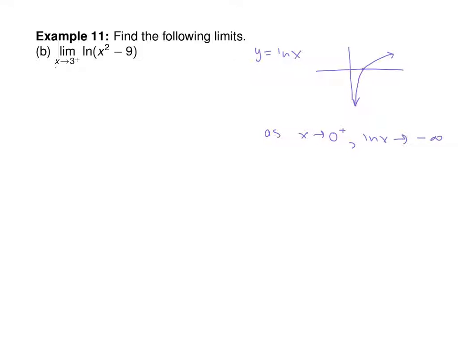So for this thing, if x goes to 3 plus, that means x is bigger than 3. And assuming we have positive numbers, then x squared is bigger than 9, right?